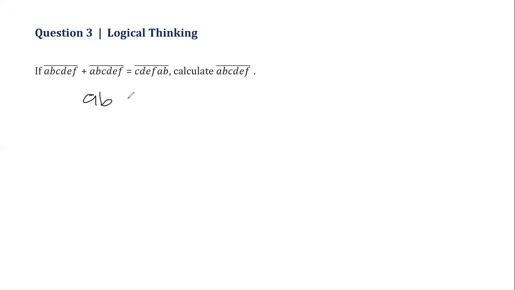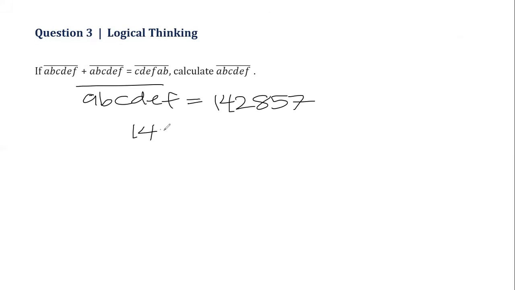So A, B, C, D, E, F is equal to 14,400. 142,857. So we can check this for ourselves.